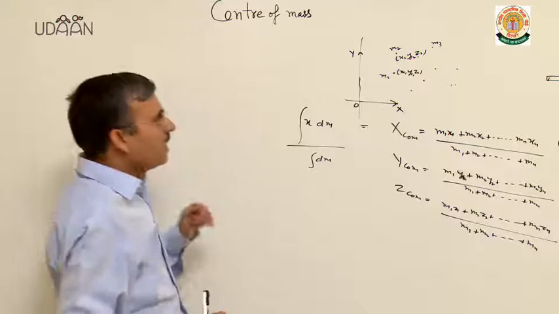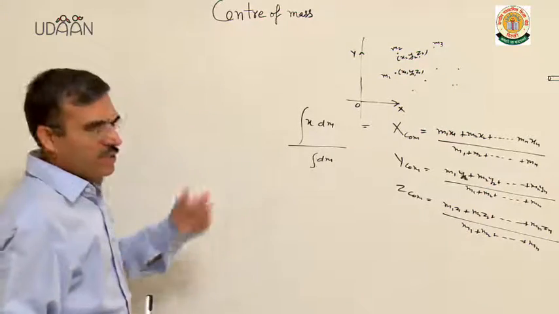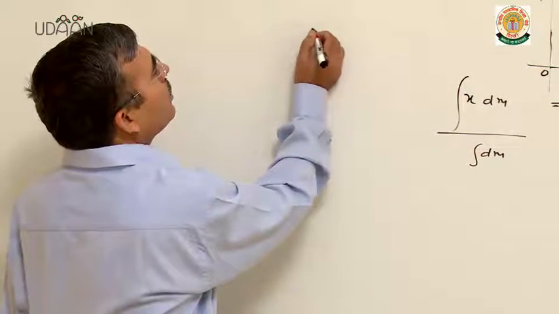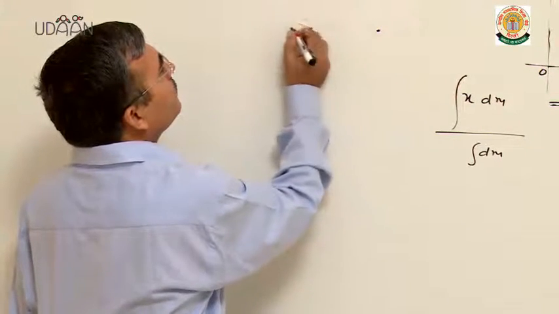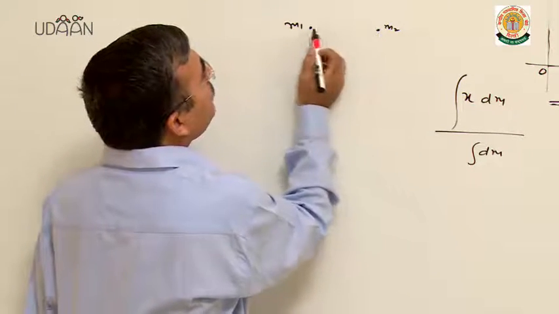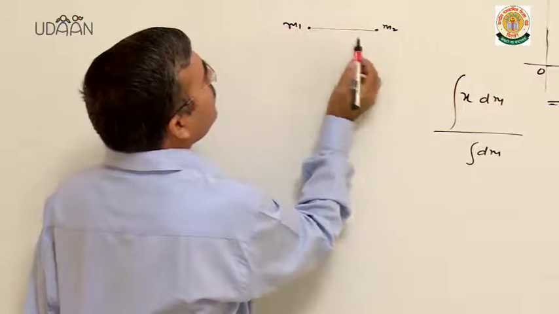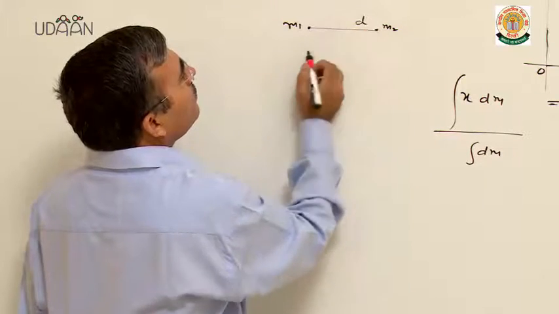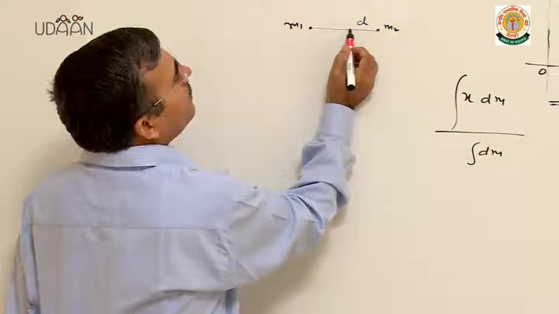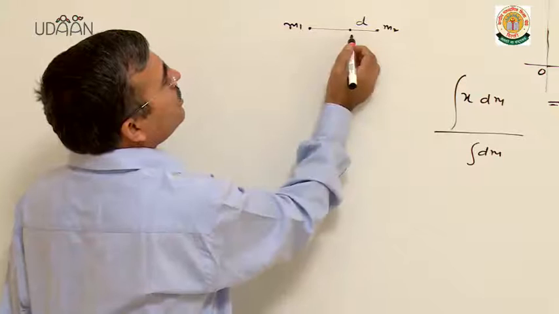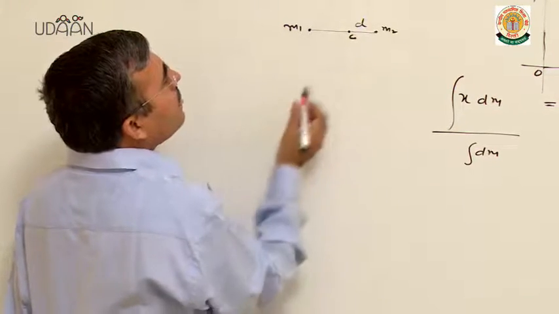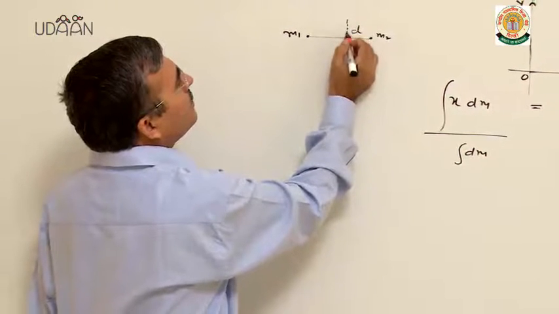Clear? Now, let us apply these two formulas to find the center of mass of two point masses m1 and m2. Let the separation be d. Suppose the center of mass is at this position, point C. Let this point be the origin.